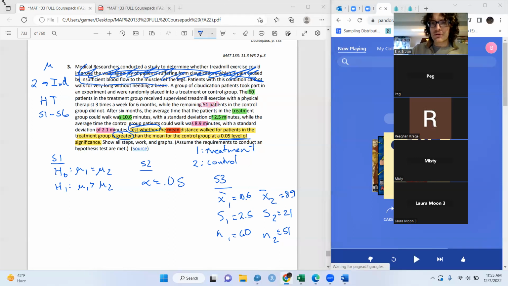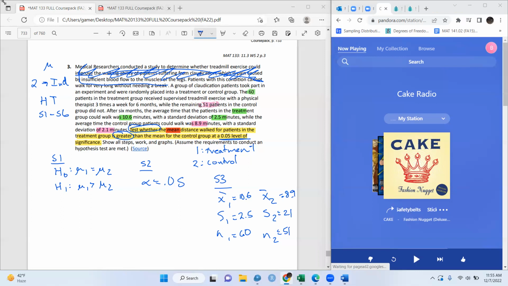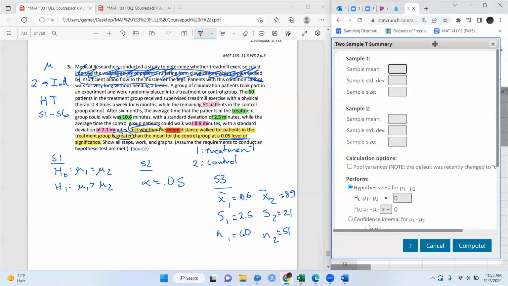How do y'all feel about those numbers I wrote down? Green was for treatment. Yeah, that's what I got. Nice. So treatment was defined as group 1. Maybe I should highlight.